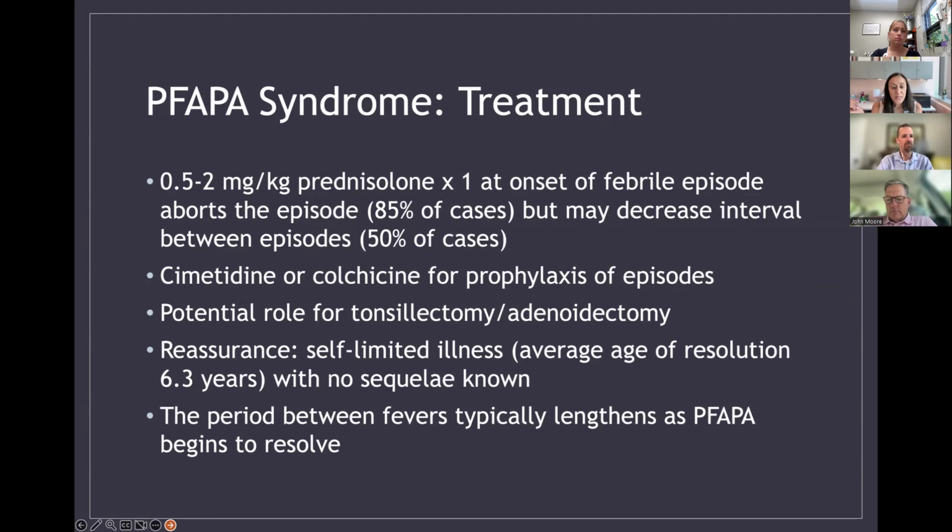Or you can use either cimetidine or colchicine for prophylaxis of episodes. Those are anti-inflammatories. They both come as liquids and as pills, although the liquids are outlandishly expensive. So I usually just crush or break the pills for cost reasons. They can get their tonsils out.